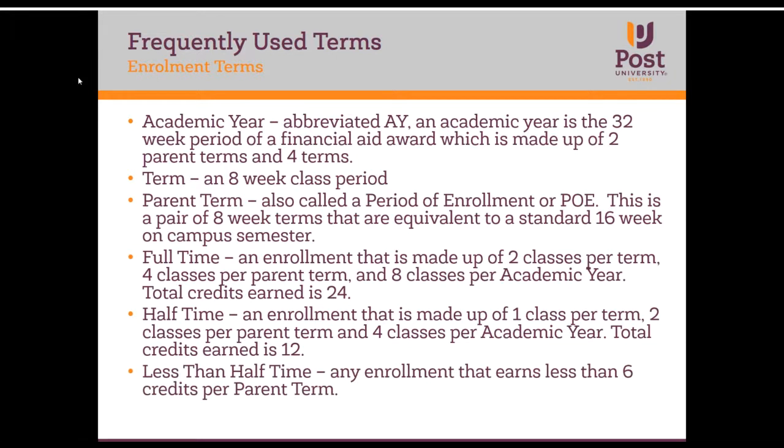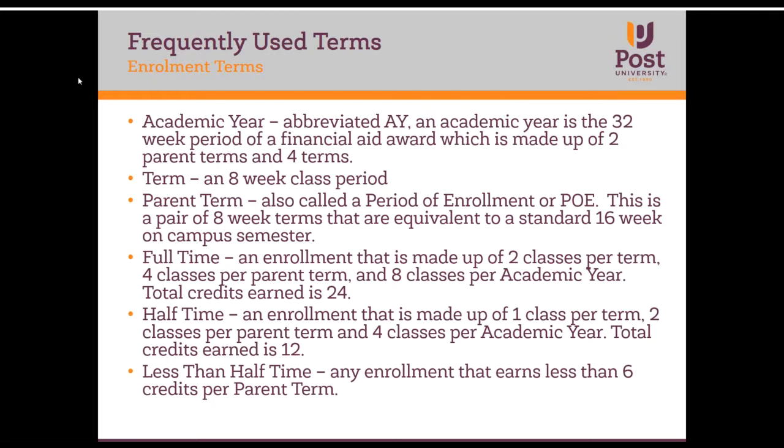What we're seeing on screen now is the less than half-time. Any person who is earning less than 6 credits in a parent term is considered less than half-time. While they might possibly be eligible for the federal Pell Grant, they are not going to be eligible for federal student loans, which again could possibly leave a student with a balance. So we always want to help students stay out of that less than half-time status.